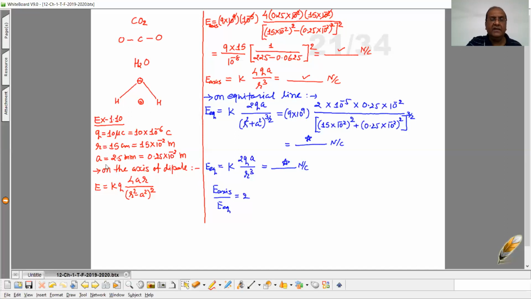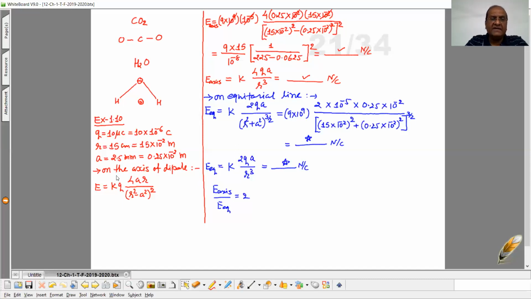Then for the dipole, the length is 5 millimeter. It implies that from center each charge is at 2.5 millimeter. So A is 2.5 millimeter, that is 2.5 into 10 raised to minus 3 meter. So we can write that as 0.25 into 10 raised to minus 2 meter.